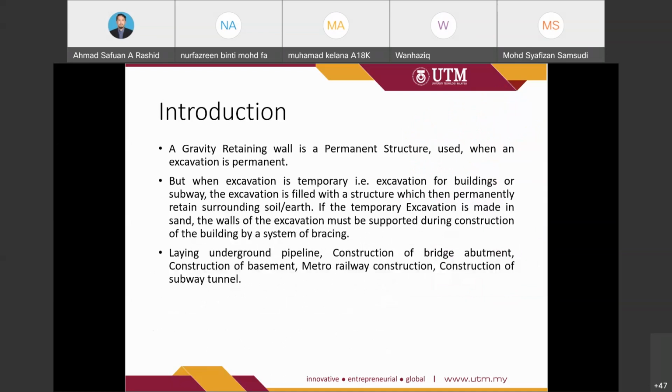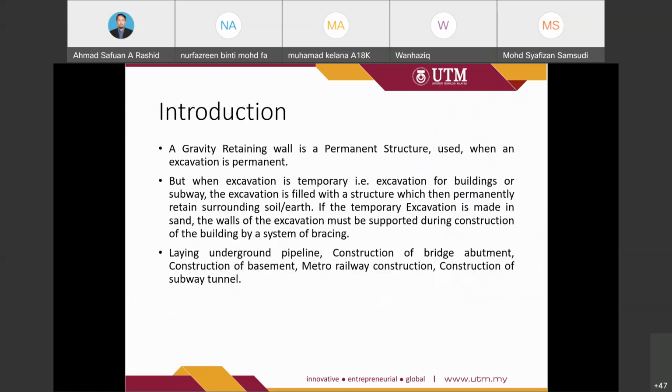A gravity retaining wall is a permanent structure used when the excavation is permanent. But when the excavation is temporary, such as excavation for a building or subway, the excavation is filled with a structure which then permanently retains the surrounding soil or earth.